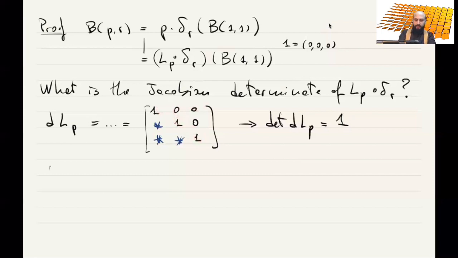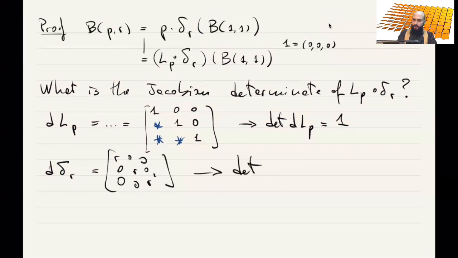Now instead the determinant of the dilation, again the dilation is linear, with R, R squared, the determinant is equal to R to the 4.